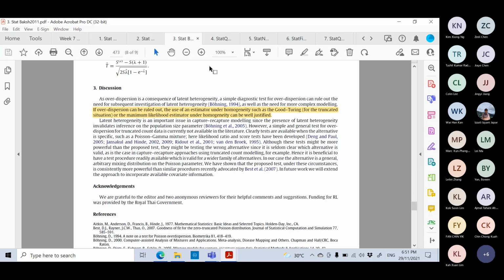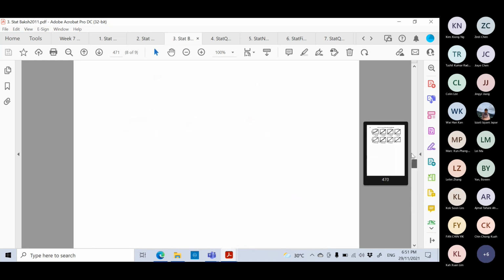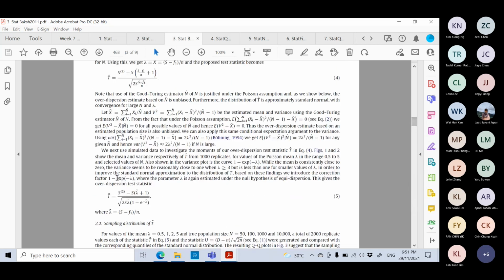Even though the test they propose is presented very briefly in the journal paper, in fact they have derived the formula, and the journal does not have enough space for the full derivation of the formulas, so they provide as little as possible.